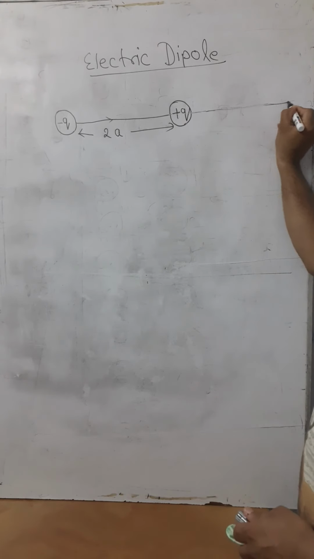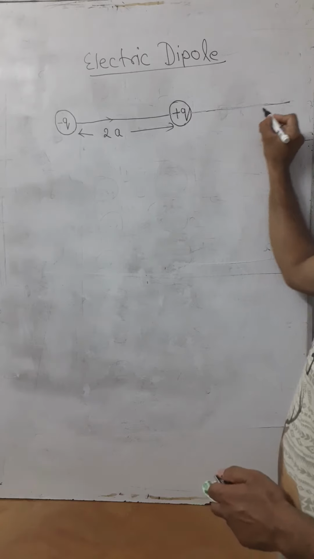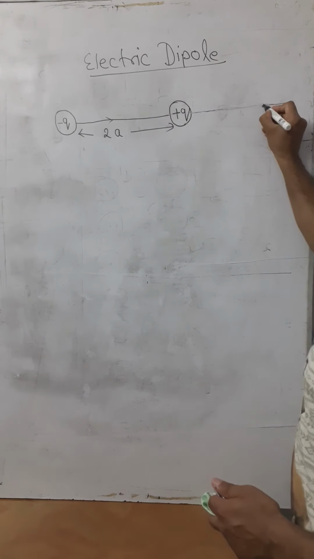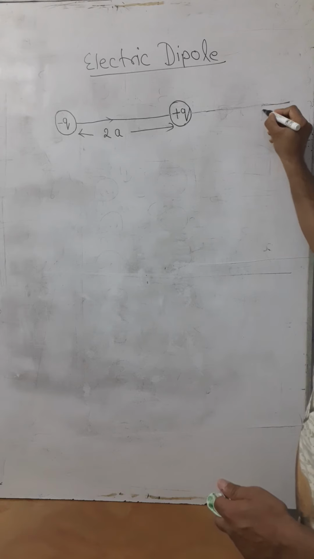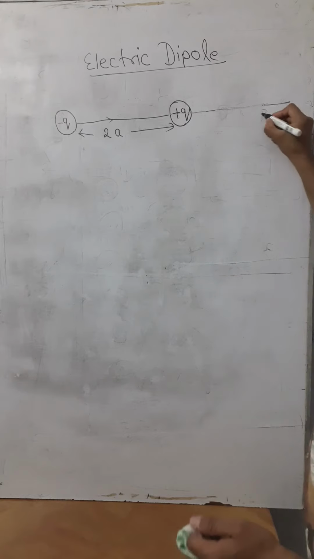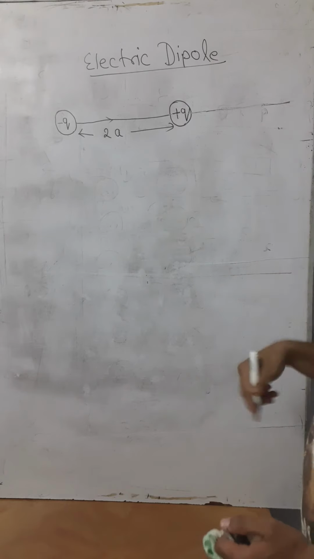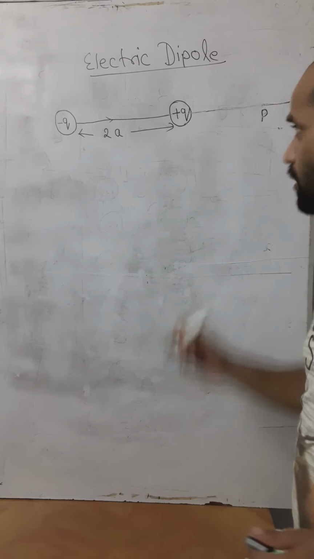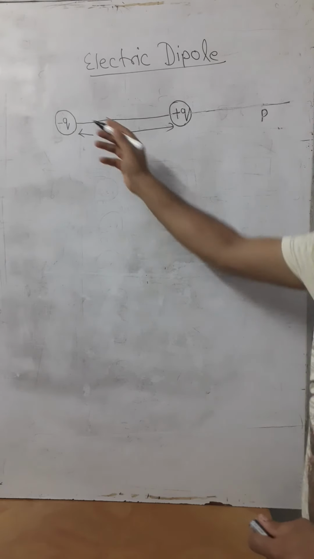This one is the line joining the two charges, and if somewhere on the line joining the charges there is a point P, and this point P is called the axial point, which is on the axis.